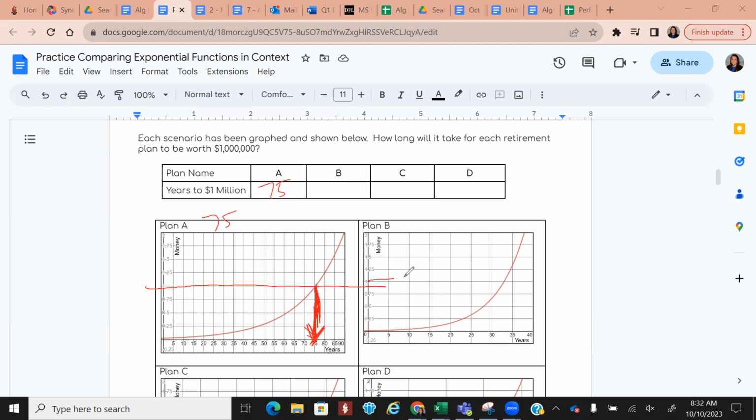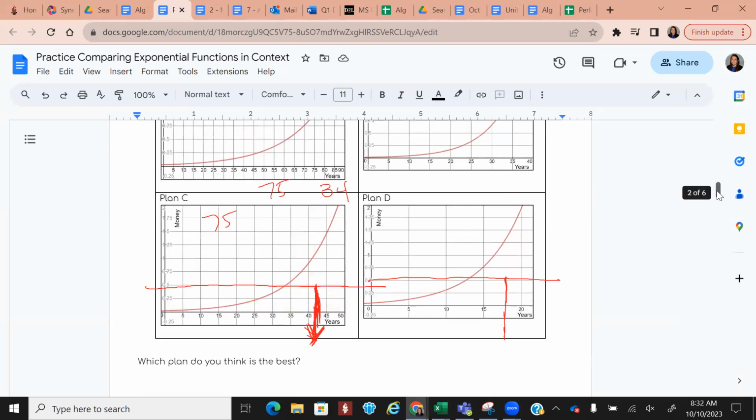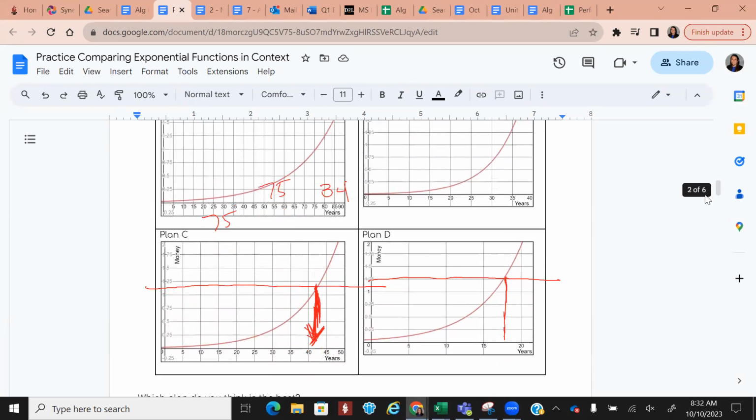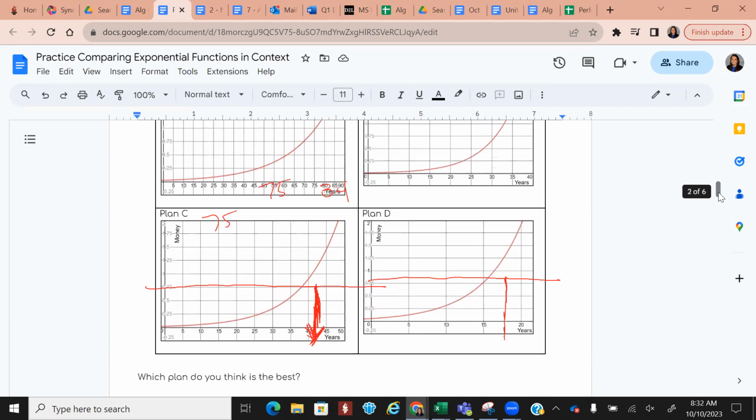On the next one, if we look at when y is 1, about how long is it going to take for it to hit $1 million? We can say a rough estimate. Let's say 34 years, roughly. 34 years from now.